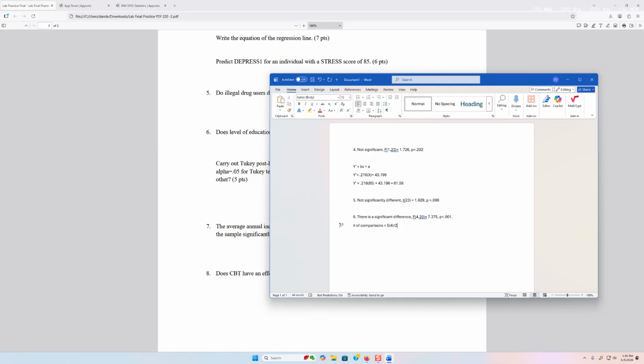That is the formula, right? So the formula is basically k, where k is the number of groups, times k minus 1, all of that divided by 2.